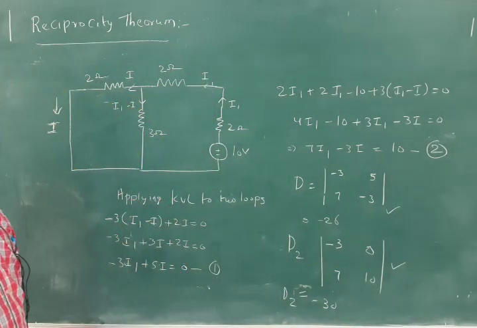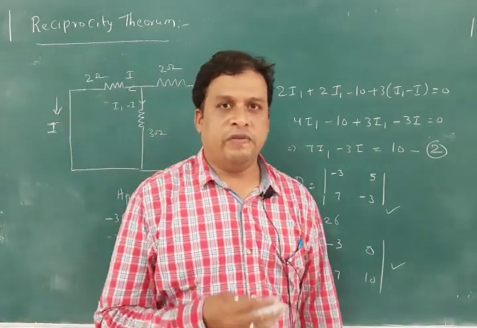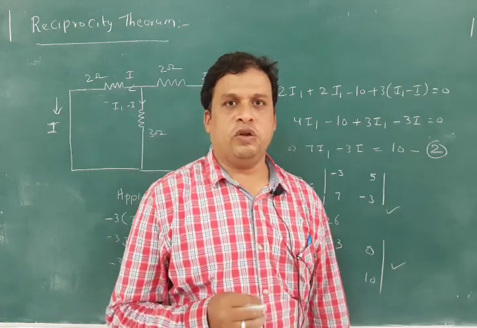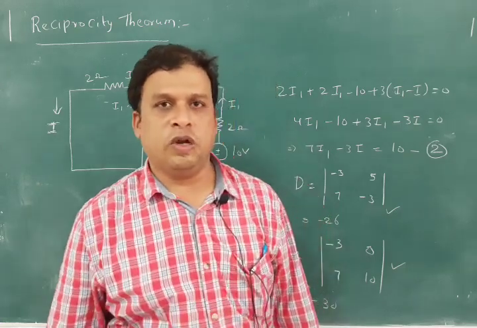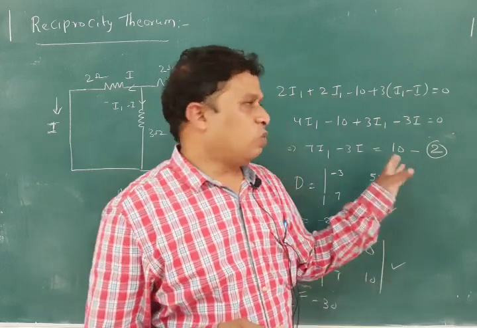If you want to find the I value, we just have to divide D2 by D. It is a formula. When you are solving equations, you can apply this formula by following the procedure I have told you.